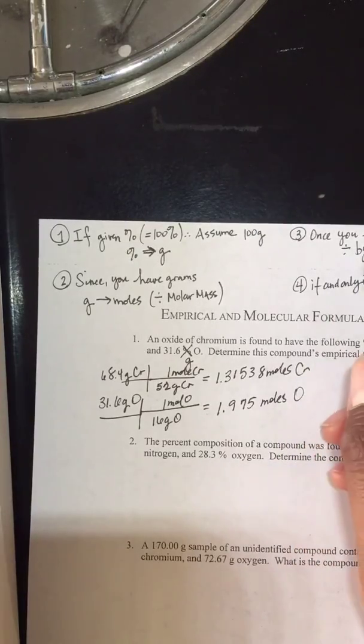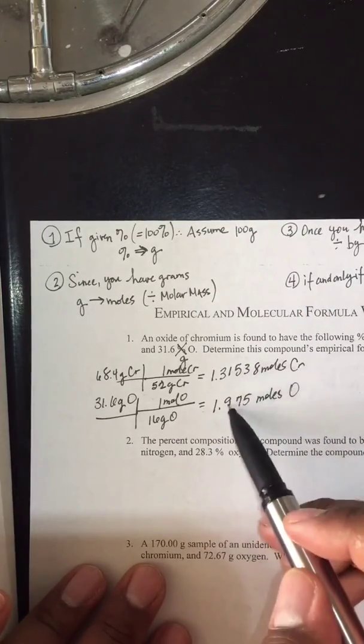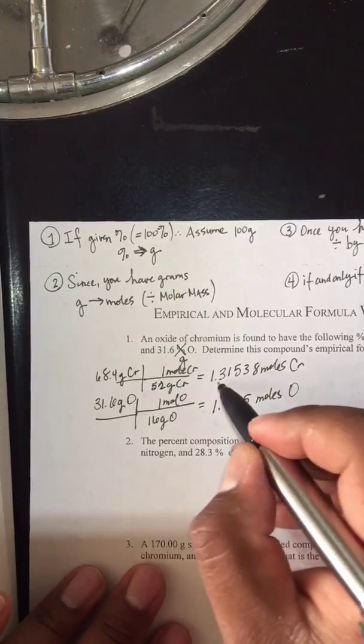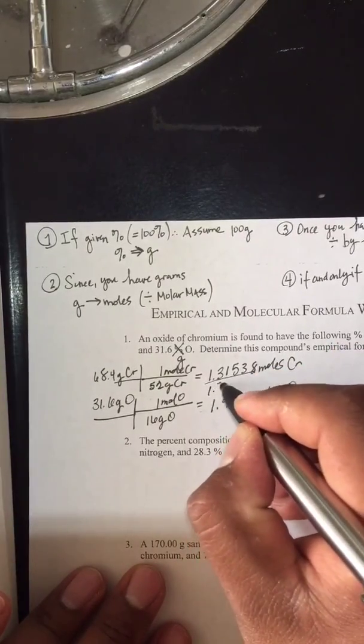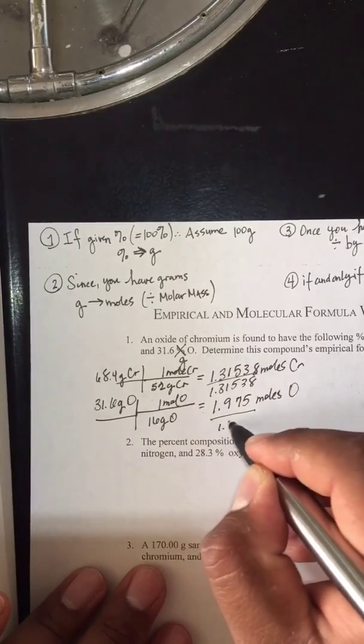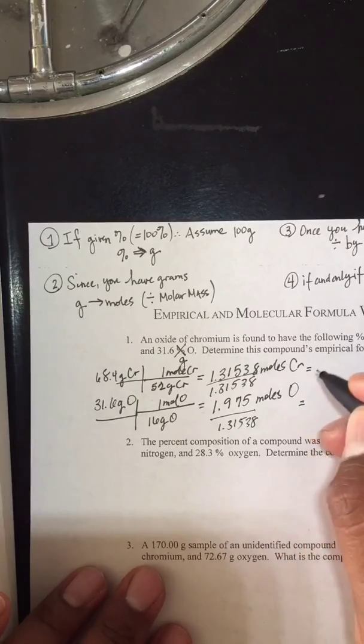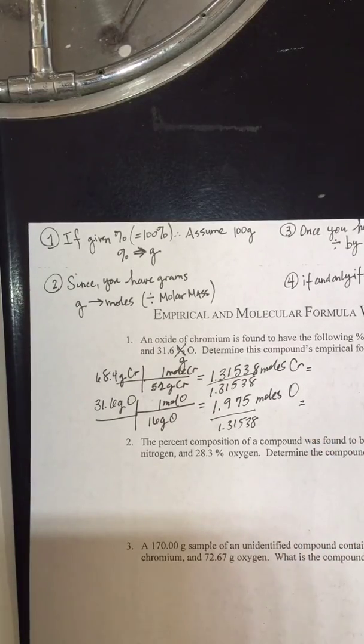Now the third step says that once you have the moles, you have to divide by the smallest number of moles, and which one of these is smaller? This number is smaller. So therefore we're going to divide both of these numbers by 1.31538. Now they're going to give us, hopefully, close to a whole number.